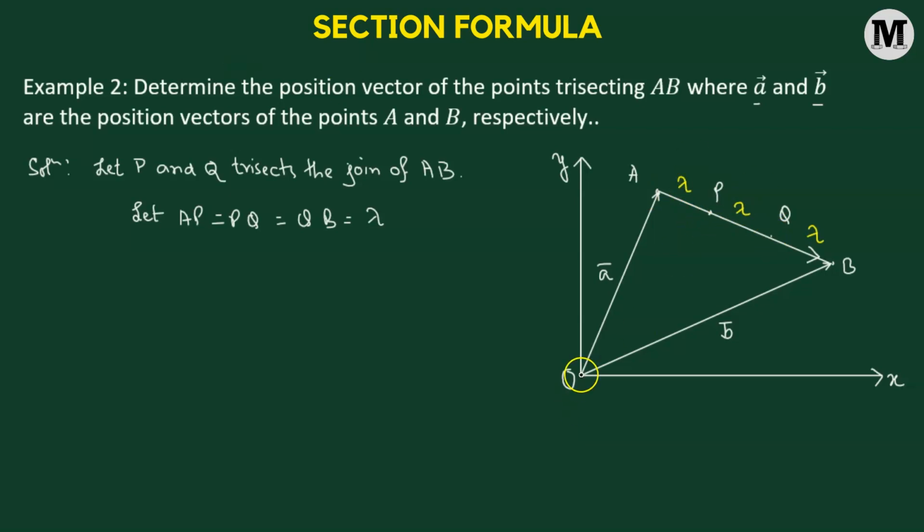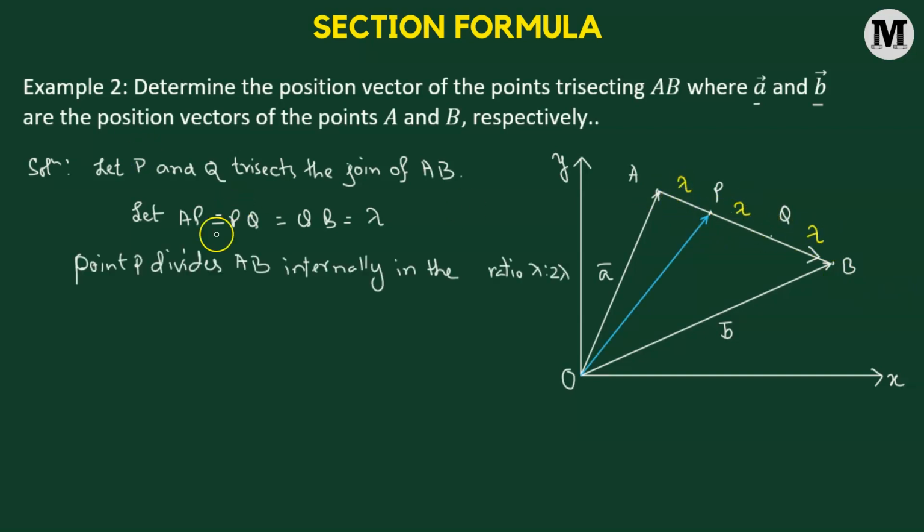Let's join point O and point P. That means let's define the position vector OP. Now clearly we can see here that point P divides AB in the ratio lambda is to 2 lambda internally, which means that we can now define OP vector. The OP vector will be, let's take lambda and multiply with it B vector.